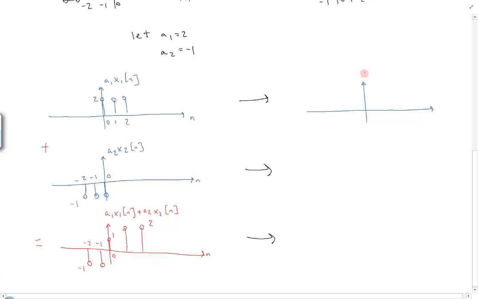Since we scaled x1 by a1, the output will be the same thing as scaling y1 by a1, and therefore it's just going to be our previous output to this input signal multiplied by 2. So it'll have amplitudes of 2 and 4, and still at the values of -1, 0, and 1.